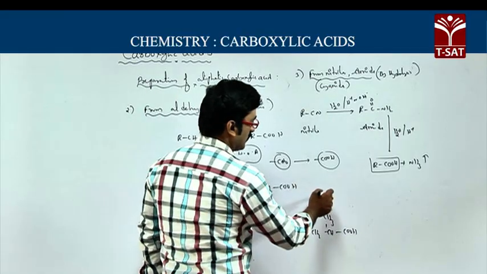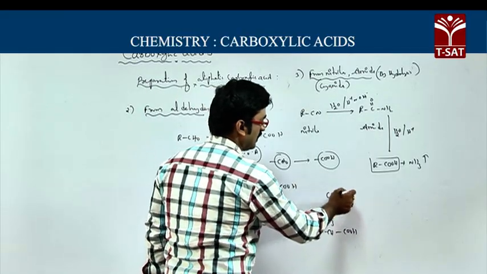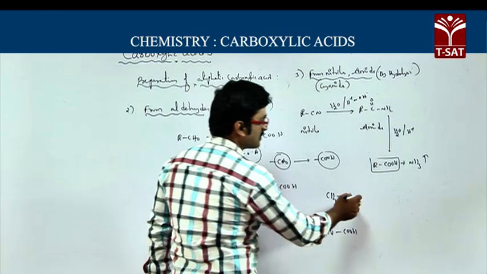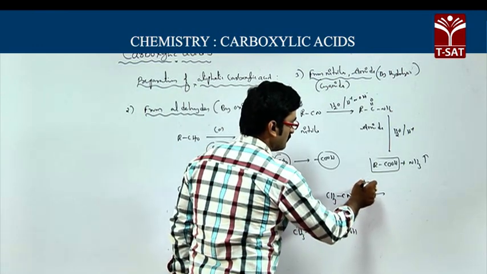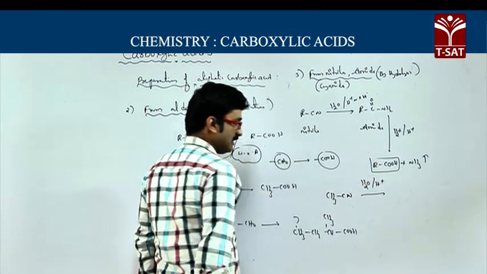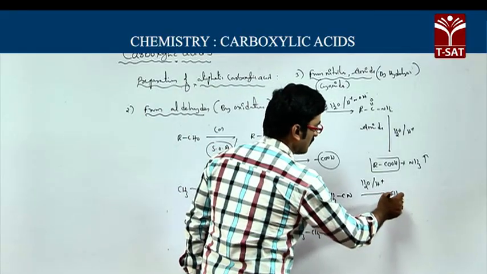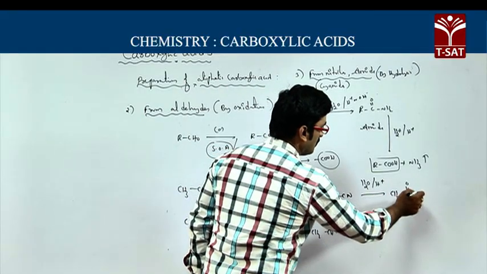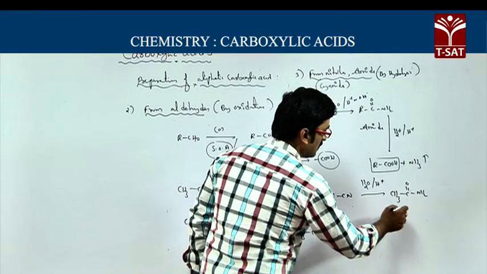We will take one example, CH3CN, methyl cyanide. Methyl cyanide on hydrolysis in the presence of acid, H plus, first gives CH3-C double bond O-NH2. This is known as acetamide.